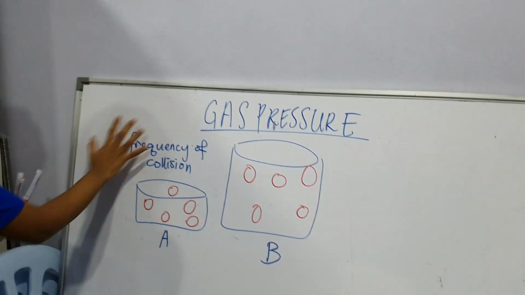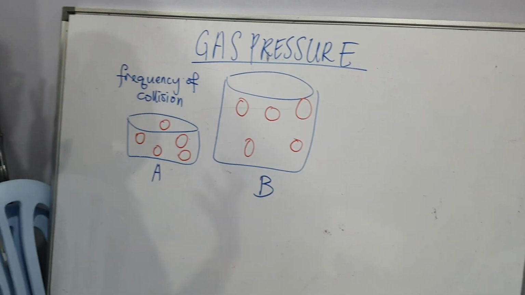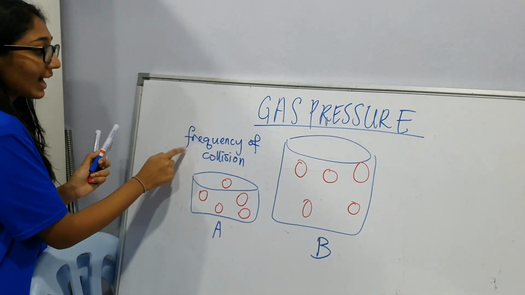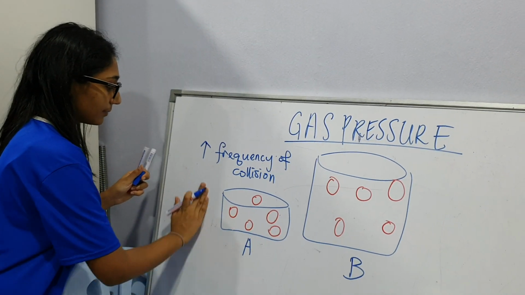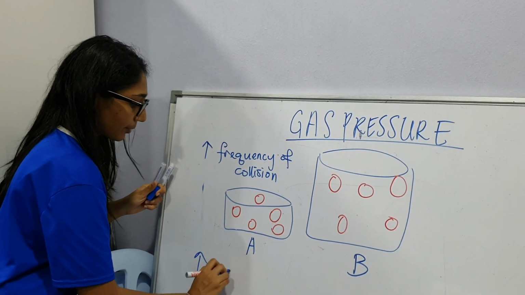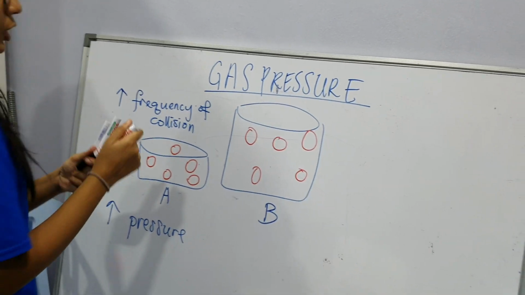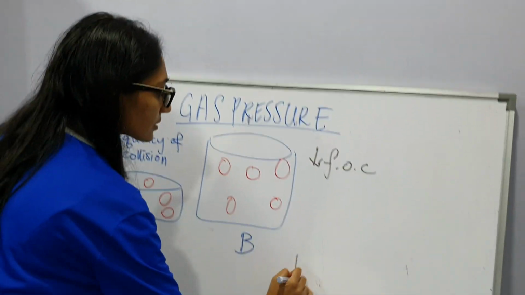So if they are going to collide more, their pressure will obviously be higher because they are more stressed up, they've got less space to move. So container A will have higher frequency of collision, which means this will result in higher pressure. For this one it will be low frequency of collision, which means lower pressure.